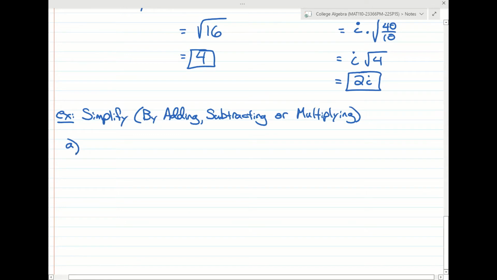So generally, when we're working with algebra, we combine what are called like terms. That's really what simplify means. It means combine like terms.